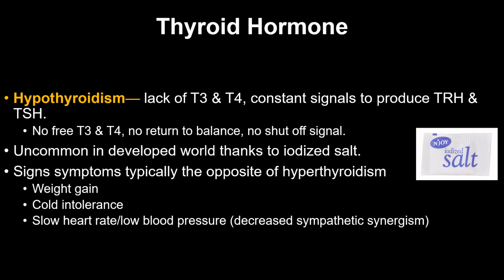Now, the two most common causes of hypothyroidism are iodine deficiency and the destruction of the thyroid gland through immune system action, with that immune system condition actually being known as Hashimoto thyroiditis. And iodine deficiency hypothyroidism is relatively uncommon in the first world, because most table salt nowadays is supplemented with iodine.